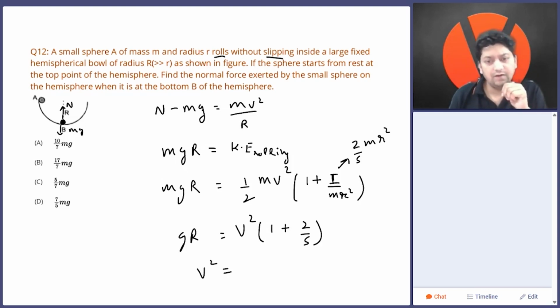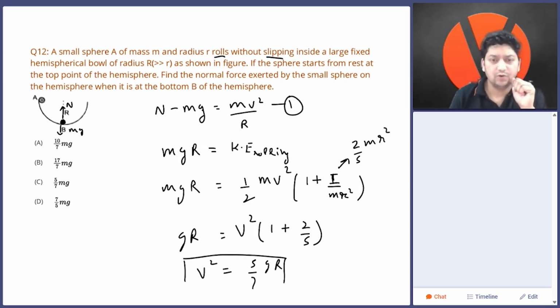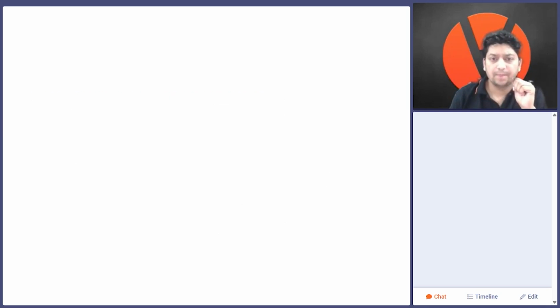So ultimately we get v square as 5 by 7 gR, and we can put the value of v square in equation number 1. So N minus mg is equal to m v square by r.